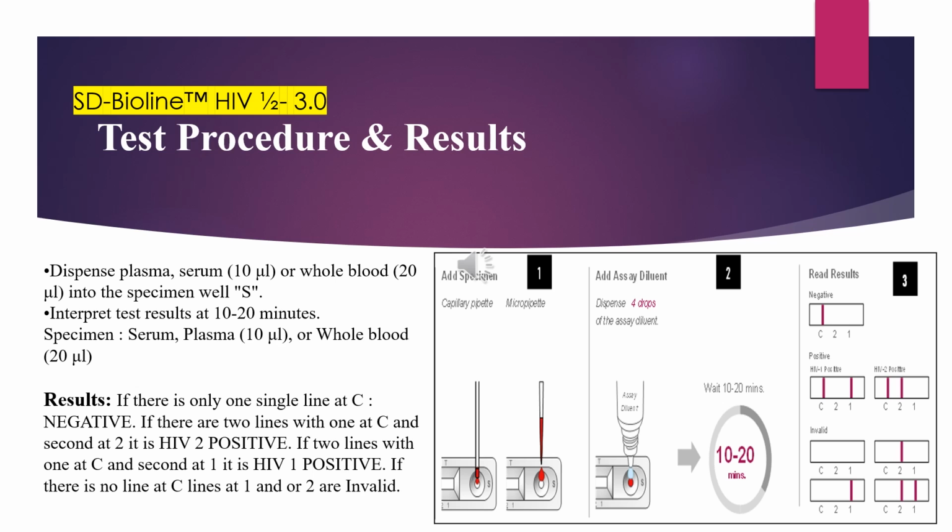If there are 2 lines, one at C and a second line at 2, it is HIV-2 positive. If there are 2 lines, one at C and the second at number 1, it is HIV-1 positive. If there is no line at C, lines at 1 and 2 are invalid.